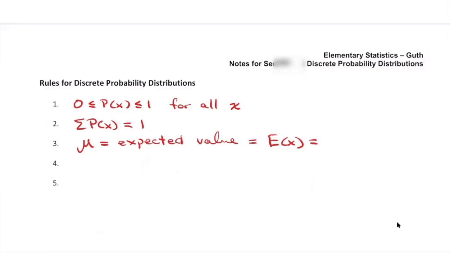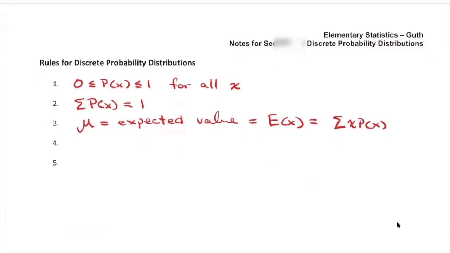The mean is the expected value of the variable X. And then the formula is, as we've used already, the sum of X times P of X. And then the standard deviation is sigma. Sigma doesn't have a special notation. It's just the standard deviation. And so the formula is, as it was, the square root of the sum of X squared P of X minus the mean squared.